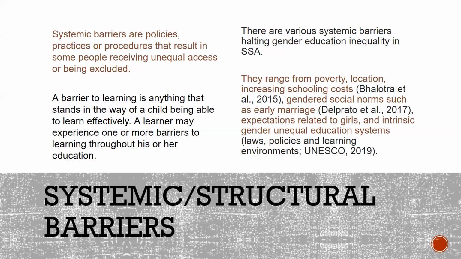And to name just a few, they range from poverty, location, increasing schooling costs, as you will see in some of our studies, gender social norms such as early marriage, which we know is a scourge in this region, because the region has the highest number of girl children that are either being married underage or getting pregnant underage, which is literally rape, and also dropping out. So expectations related to girls and intrinsic gender unequal education systems.